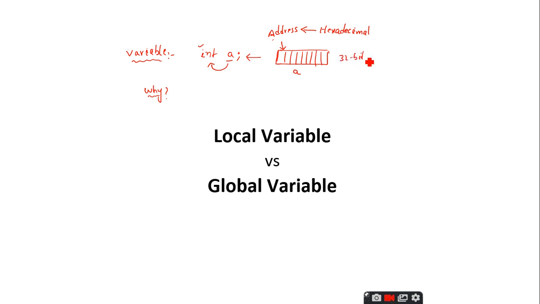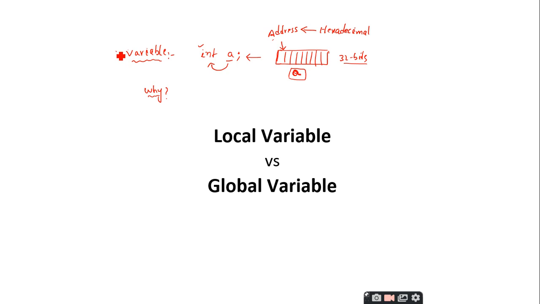This is 32, so 4 bytes. All these 32 bits will be given a common name, which is called a. So this is called a variable name.